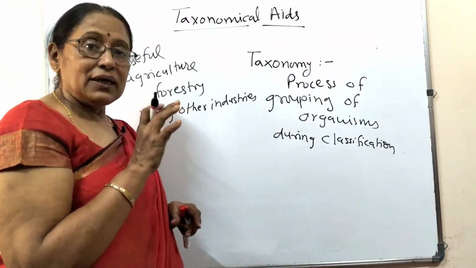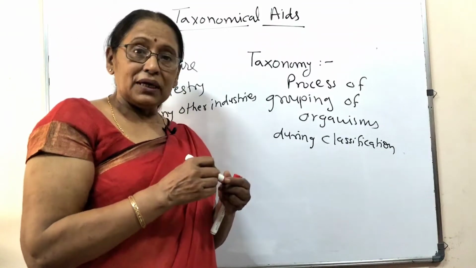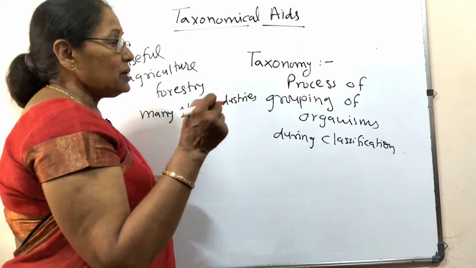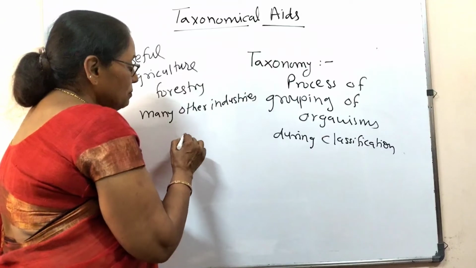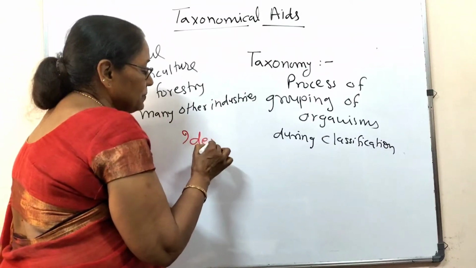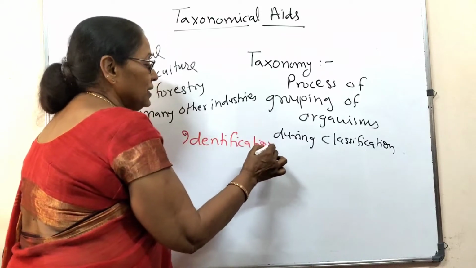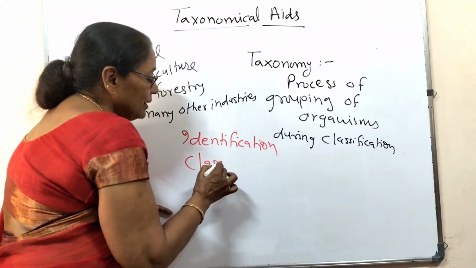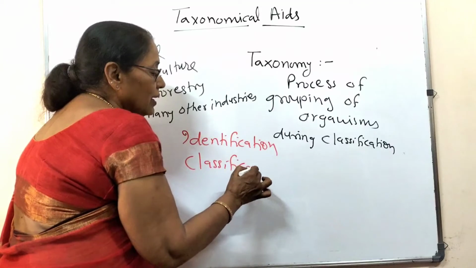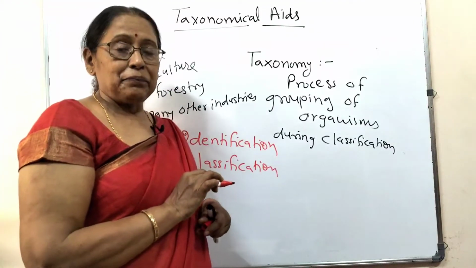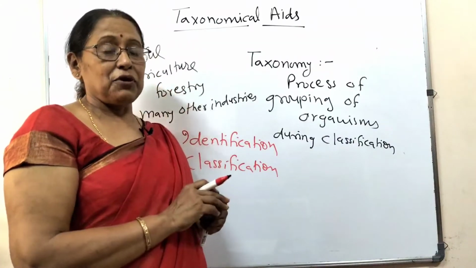But for proper taxonomy, what is required? What is needed is proper identification and proper classification. Unless and until you identify a particular organism properly, you cannot classify it properly.